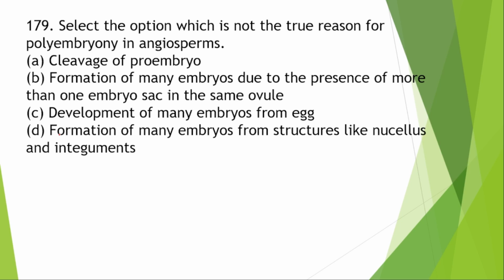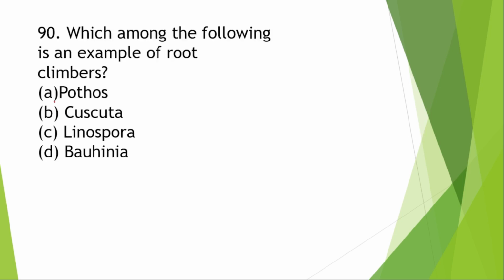Select the option which is not the true reason for polyembryony in angiosperms. Cleavage of proembryo, formation of many embryos due to the presence of more than one embryo sac in the same ovule, development of many embryos from egg, formation of many embryos from structures like nucellus and integuments. So here the right option is option C, development of many embryos from the egg.